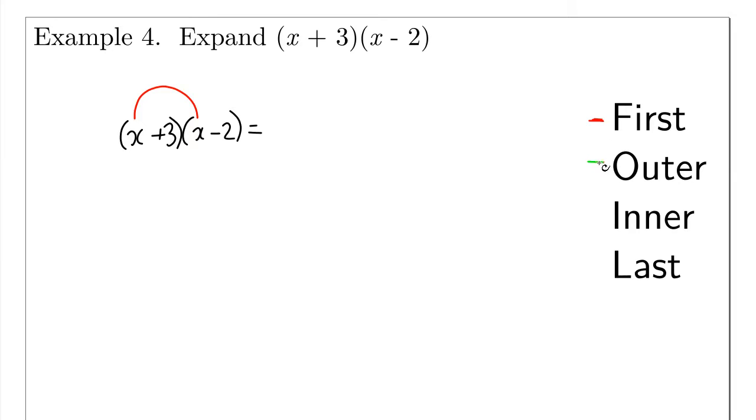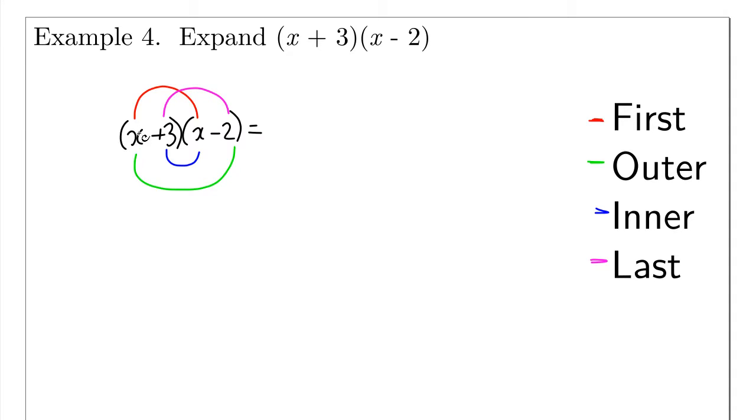Then we have the outer, so we multiply the outer terms, and the outer terms in this expression is x and minus 2. Then we have the inner terms, that's the 3 and the x, because they're closest to the inside of the two brackets. And finally we multiply the last terms together, that's the last terms in each bracket, which is plus 3 and minus 2.